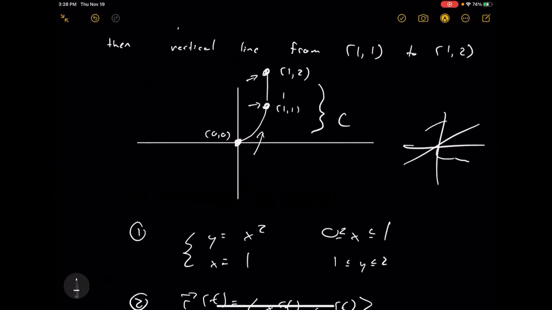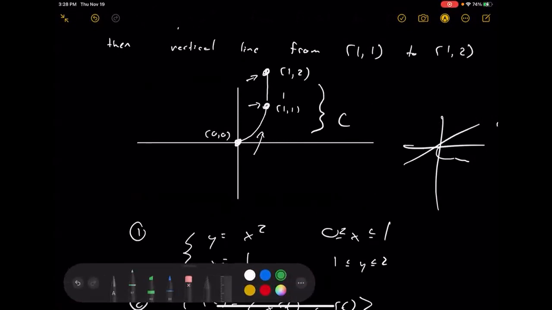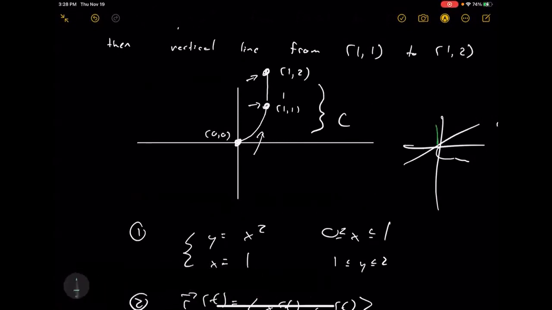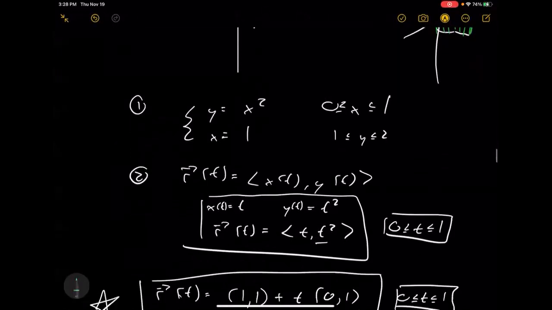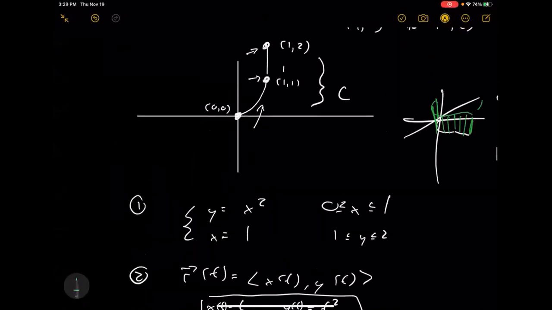And then we have this function up here that's giving us this whole surface, and we're integrating that function along this curve, and it ends up giving us kind of the area of the curtain that connects this function to that curve. So it's giving us the area of that curtain-looking thing. I don't know what this function looks like, I was just drawing something.